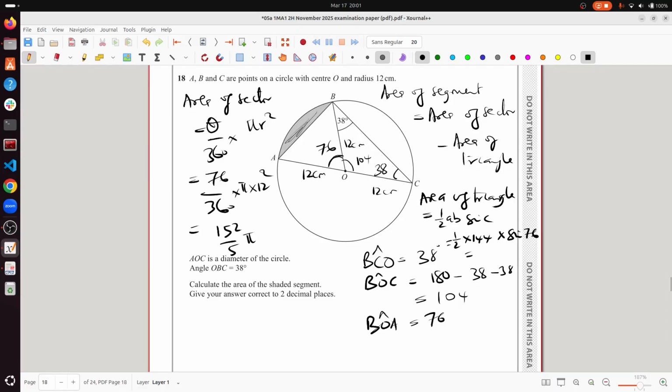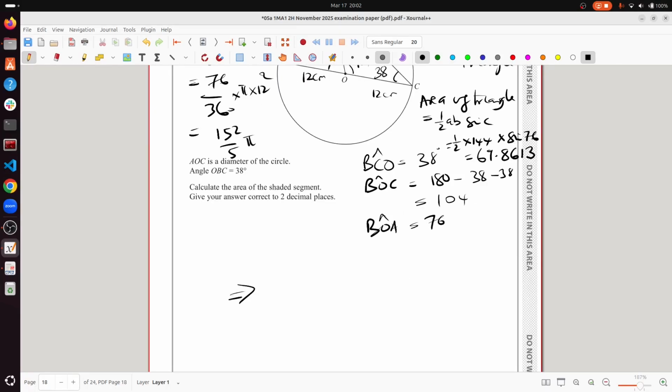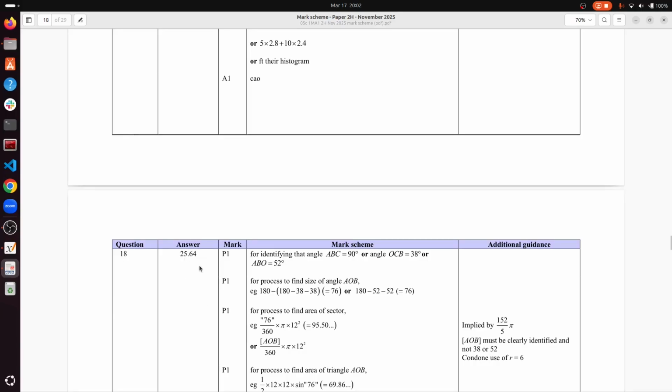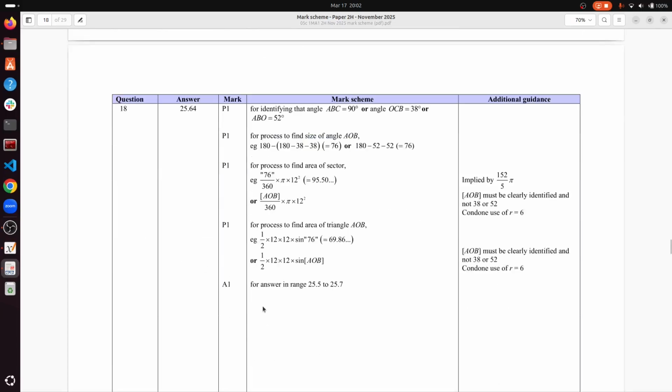And that gives me 69.8613 approximately. Now the area of the segment becomes 152 over 5 pi, take away the answer I got, and that is 25.64 to 2 decimal places. So 25.64, and that's correct.